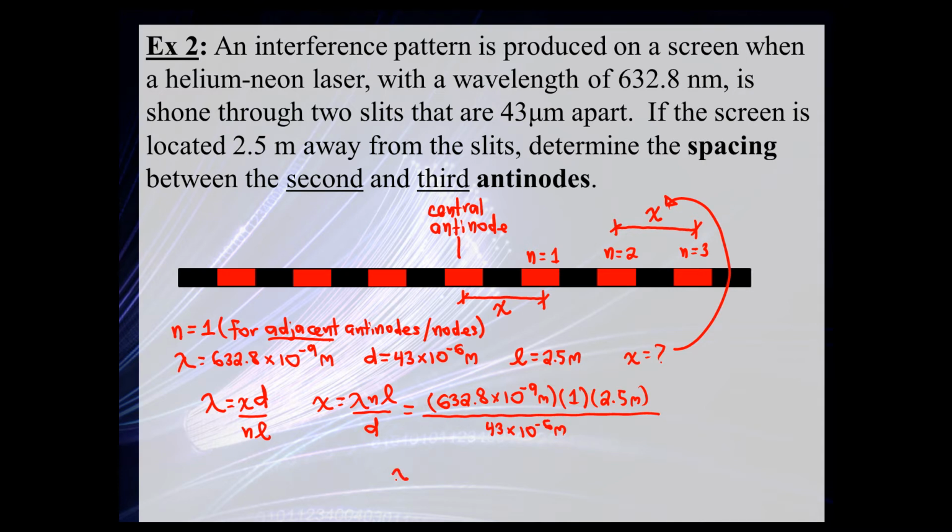And then we get x is equal to, we're doing two significant digits here, 0.037 meters. Or if we turn that into centimeters, you just multiply by 100, so that'd be 3.7 centimeters.